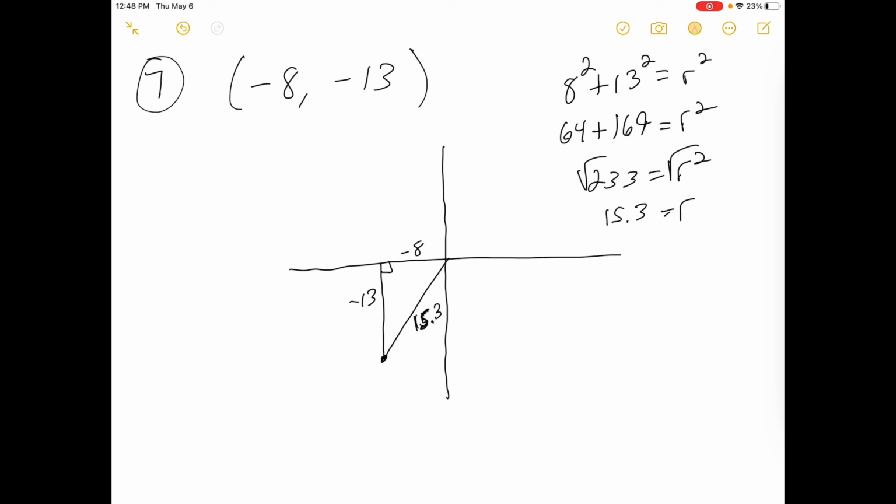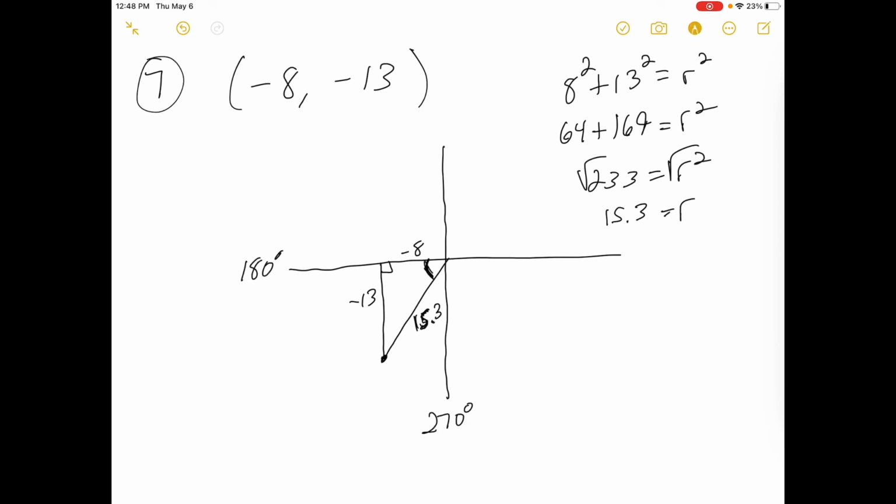Okay. All right, so now we need to find our degree. Well, we got to find this angle right here. And I know on my answer, my degree is going to be between 180 and 270.